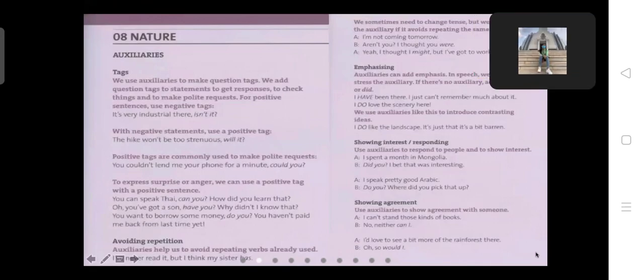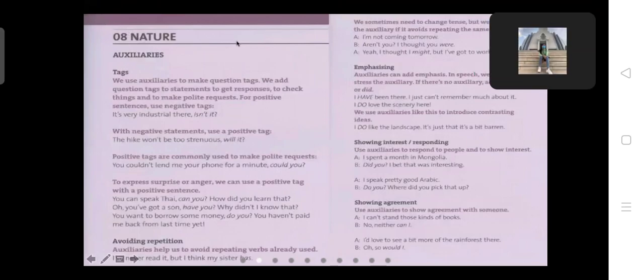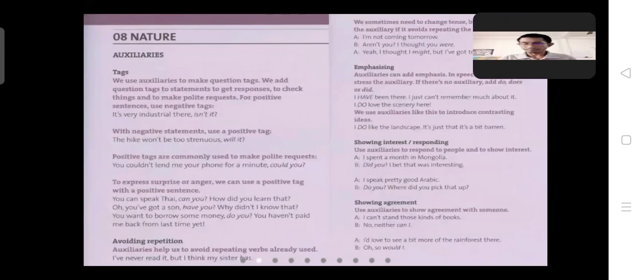For my part, auxiliary verbs, we use auxiliary to make question tags. We add question tags to a statement to get a response. Teacher, yeah please go ahead.